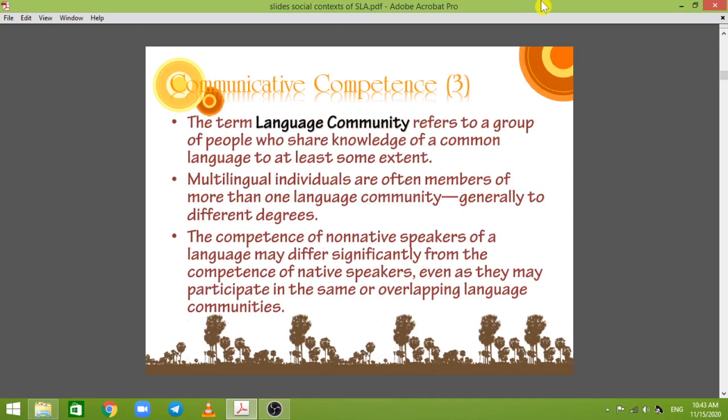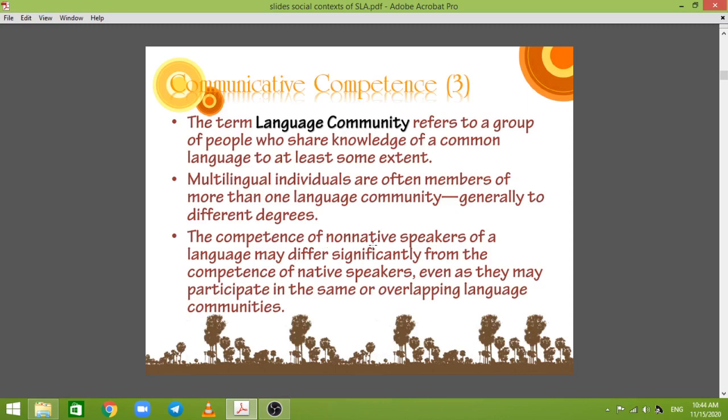The term language community refers to a group of people who share knowledge of a common language to at least some extent. For example, multilingual individuals are often members of more than one language community, generally to different degrees.